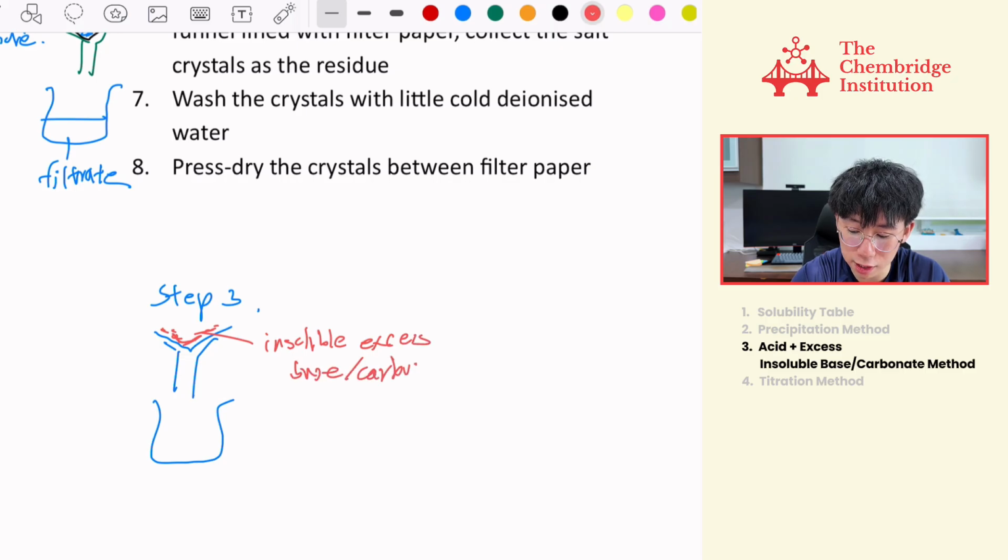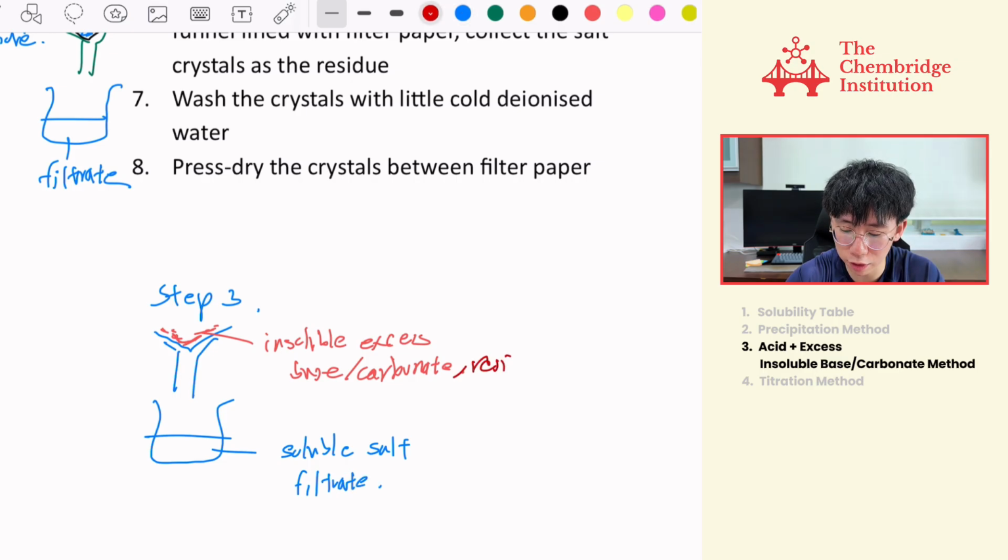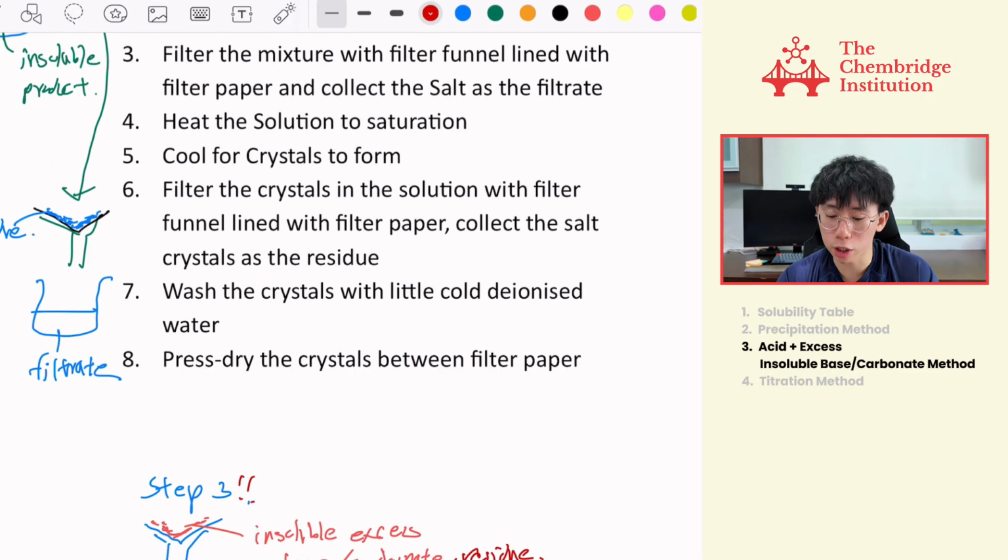But again, we're not concerned with that. We're just separating it out. What we actually want is the filtrate. This filtrate over here, this is the soluble salt that we want, and we want to collect this filtrate. We don't really want the residue over here. So this is for step 3. After that, we want to collect the salt as the filtrate.